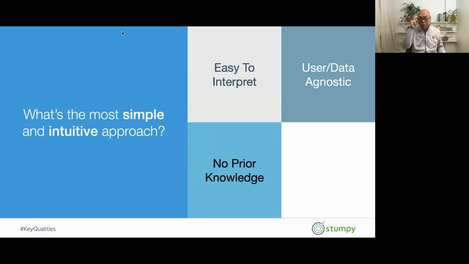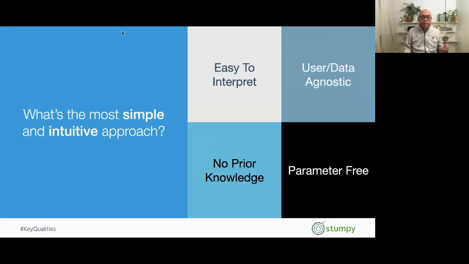By prior knowledge, I mean prior human knowledge, but also prior data knowledge. If you think about building machine learning models, you're basically training on prior knowledge in order to build a model. But really, we want to be able to just take our data, analyze it, and get information out without any past information. And last but not least, whatever method we choose, hopefully it's parameter free.